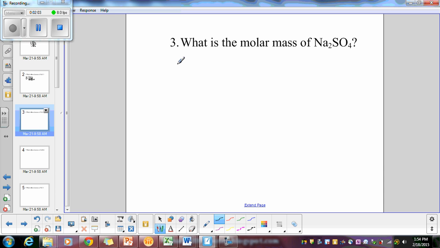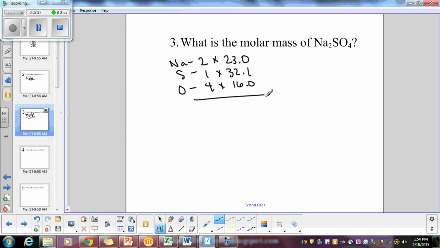You can do the same thing for my other substances. So for sodium, I have 2 of them. The mass of sodium from my periodic table is 23.0. Sulfur, I have 1. The mass from my periodic table is 32.1. And oxygen, I have 4. The mass from my periodic table is 16.0.